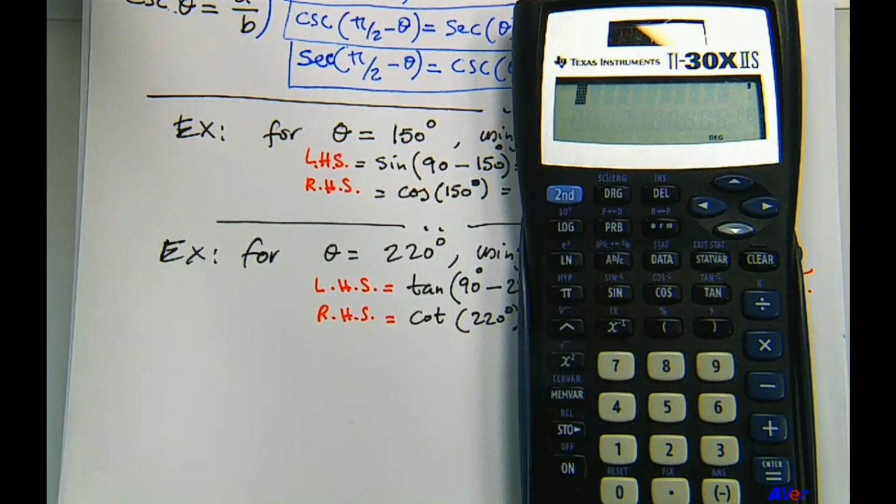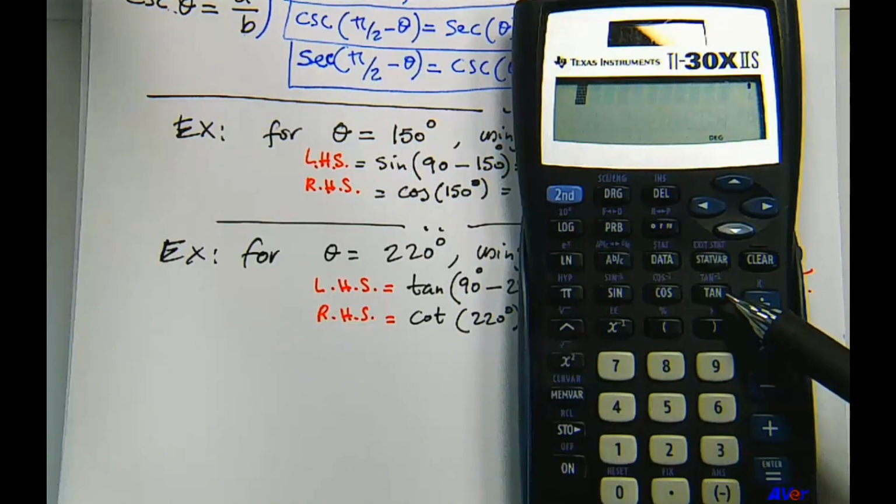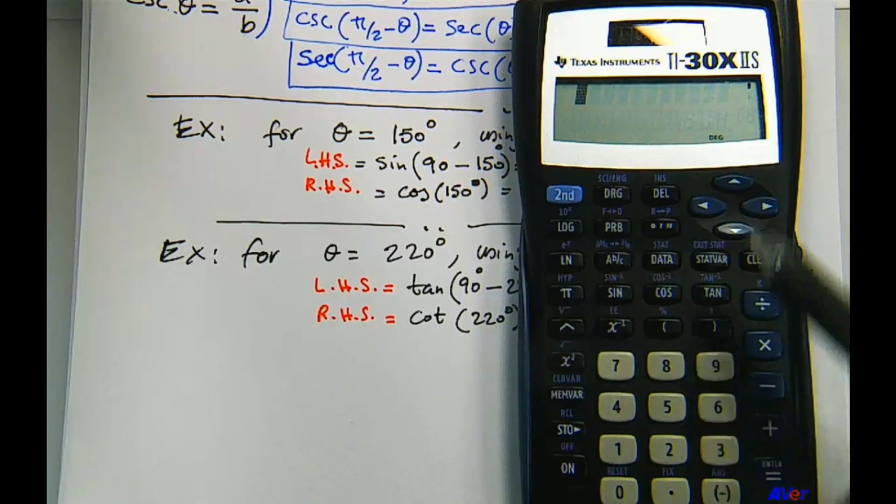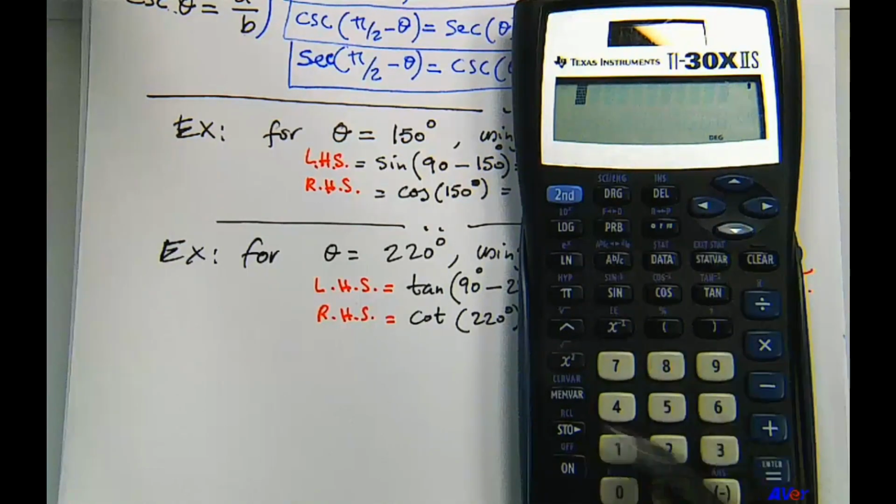Why? Well, because you don't need them. Because cotangent is the reciprocal of the tangent. So if you know the tangent, you simply take the reciprocal of it, or you say 1 divided by that, and you get the value for cotangent. So they're saving space on the keypad here by omitting that one.